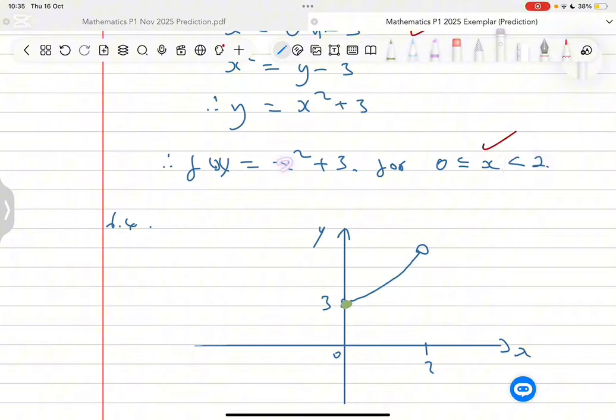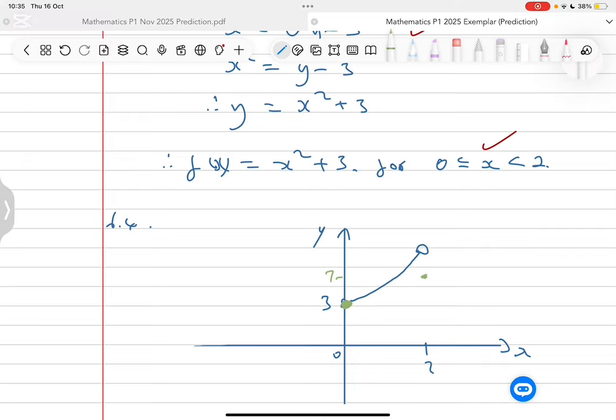But now if we put a 2 here, we're going to have a 4. And 4 plus 3, that should give us a 7. So this graph will be mapped up to a 7. So here I'm going to have the point (2, 7).